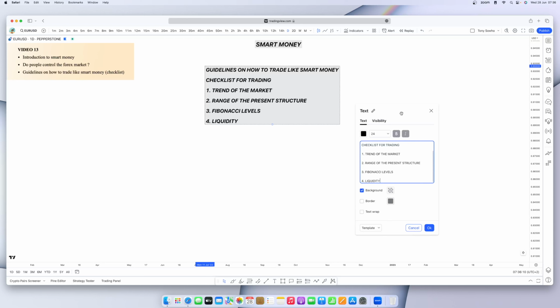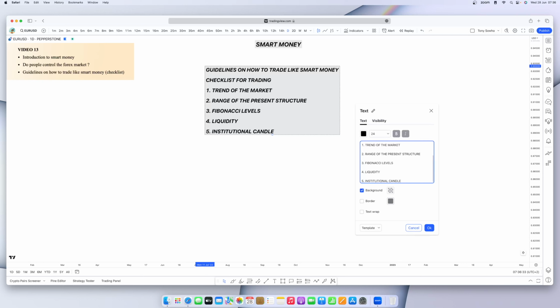And after spotting the liquidity, number five is now the institutional candle, which I divided into three. Again, like how I learned it from these guys I've called out, very, very amazing traders.